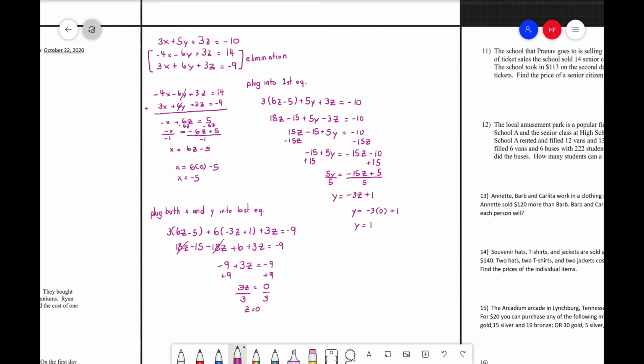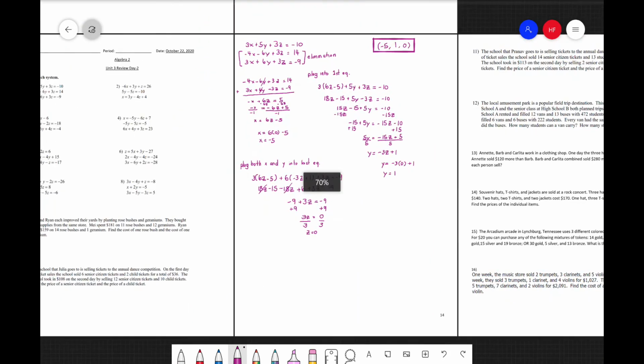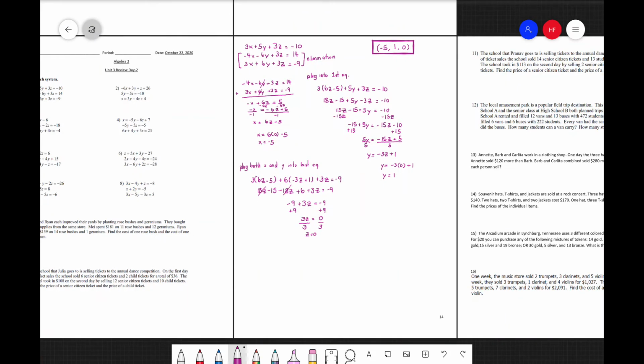So my solution is negative 5, 1, 0. So remember, with our 3 variable systems, we should have an x, a y, and a z in our answer. So we get negative 5, 1, 0. So it is a rather lengthy process when we're solving it by hand, but I enjoy it.